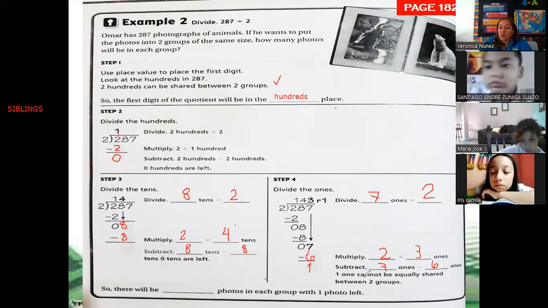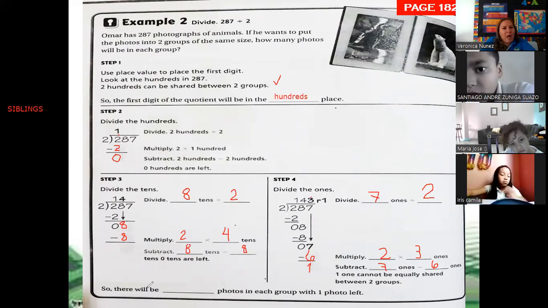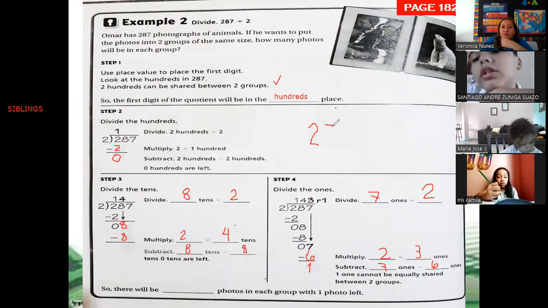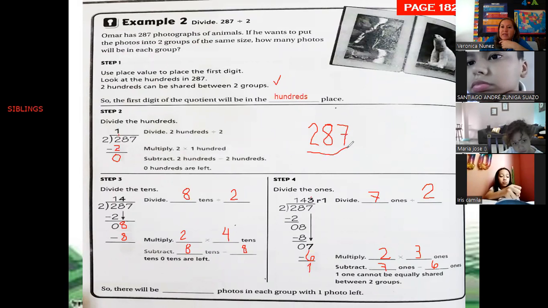One cannot be equally shared between 2 groups. So there will be how many photos in each group? 6 photos. There are 287 photos to be divided equally among 2 groups.